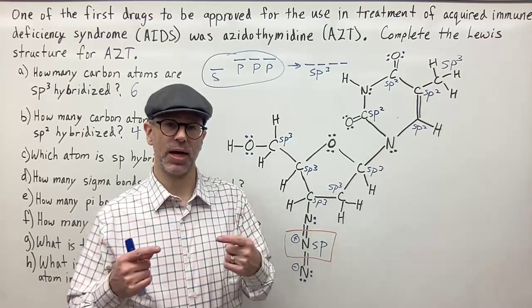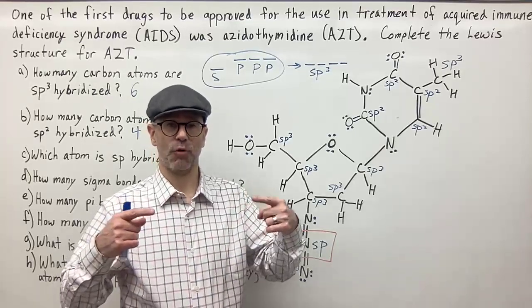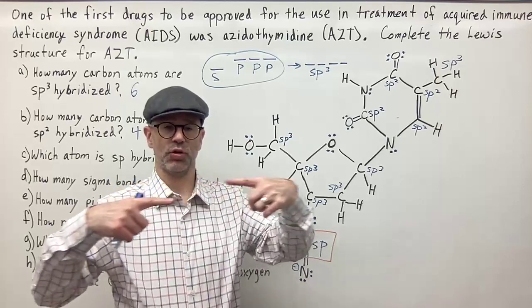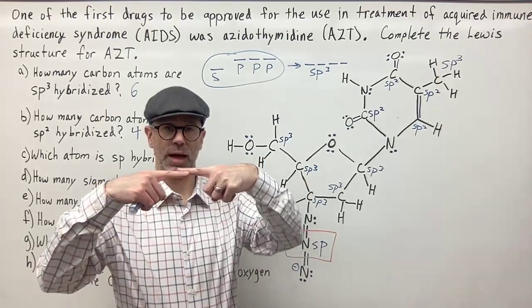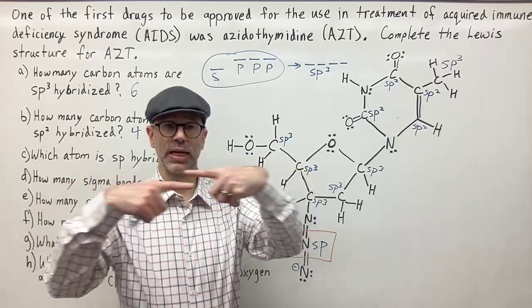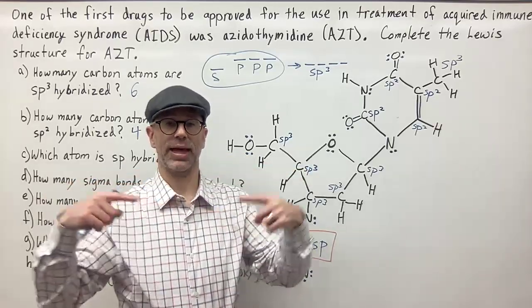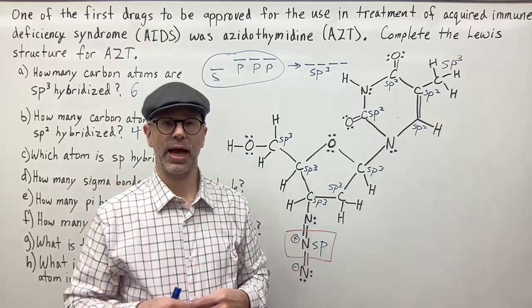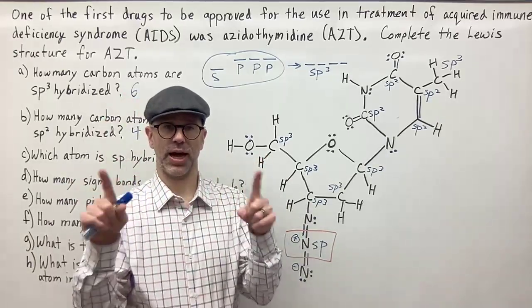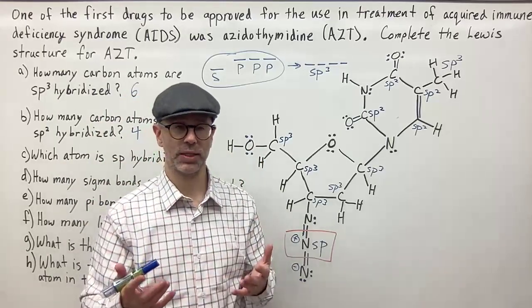Remember, the sigma bond is the bond that's formed along the axis due to the overlap of the orbitals. So the orbitals are overlapping along the axis that's connecting those atoms, not outside the axis, but directly between the atoms. So that's what a sigma bond is.